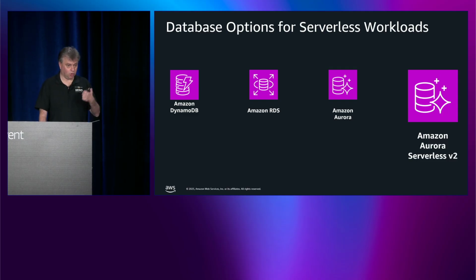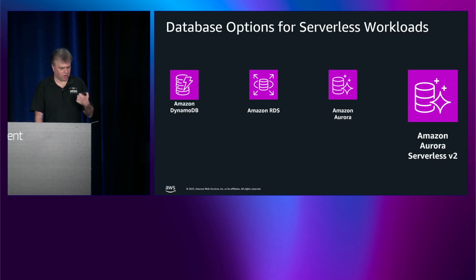Here you can scale compute and storage automatically. You don't need a VPC. You might have a VPC if you would like to have private traffic, but you are not required to do that. You also don't define the instance sizes. This is more about Aurora capacity units, and you can say, I would like to scale between this ACU and that ACU. You can scale this database to 0, which is not possible for RDS and Aurora provisioned.